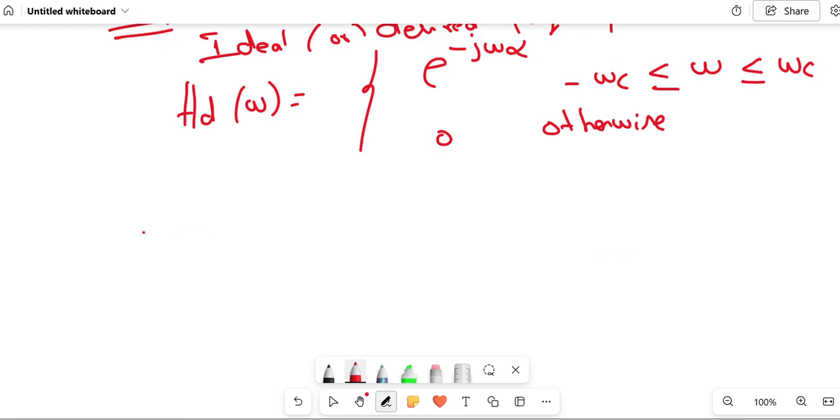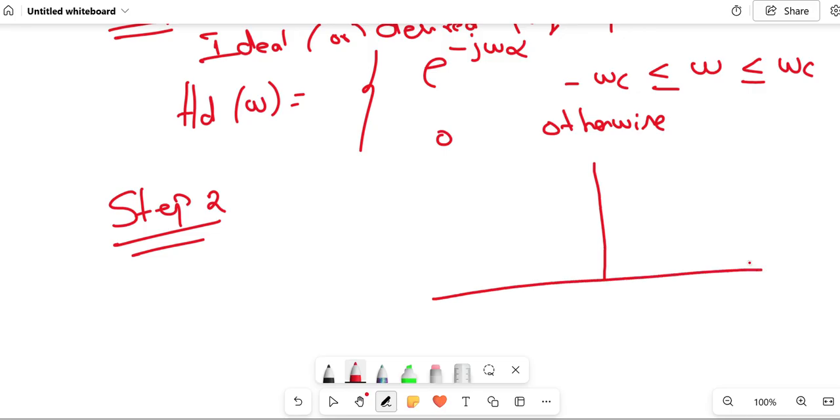So step 2, you draw the desired frequency response of low pass filter. Okay, so what is it? If you don't remember now, you can write low pass filter. Minus omega c to plus omega c, so omega is minus pi to plus pi.